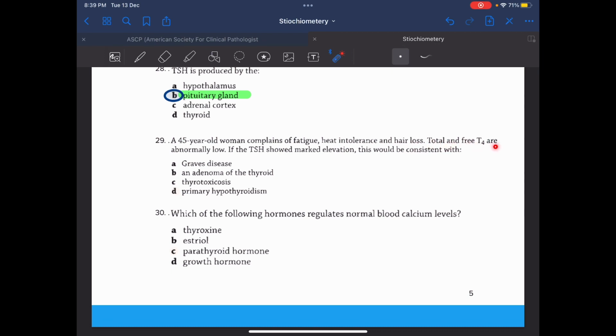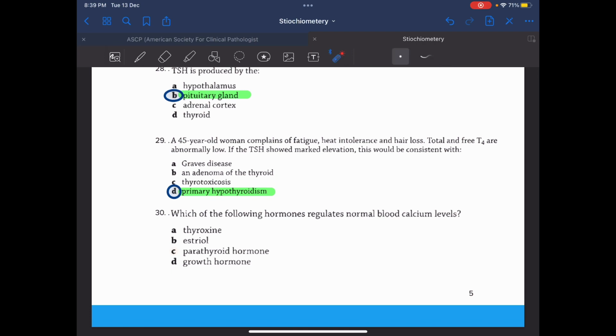Total and free T4 are abnormally low. If the TSH showed marked elevation, this would be consistent with Graves' disease, an adenoma of the thyroid, thyrotoxicosis, primary hypothyroidism. The correct answer is primary hypothyroidism. The correct answer is D.